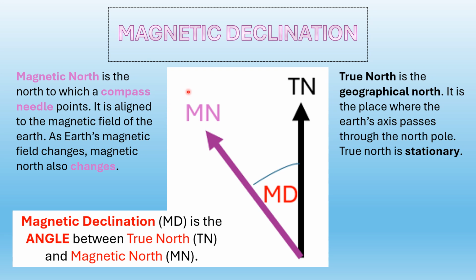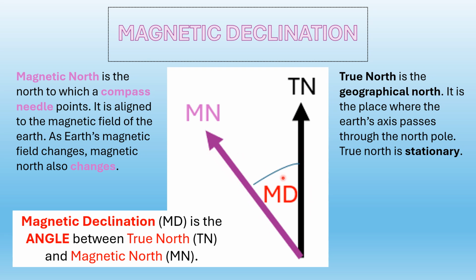So what exactly is magnetic declination? The first important concept to understand is that magnetic declination is an angle. An angle is often the space or the gap between two lines. In our context, the angle is formed by the true north arrow and the magnetic north arrow.